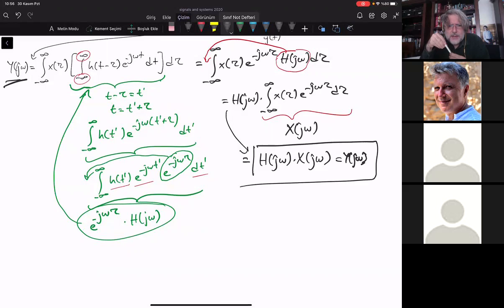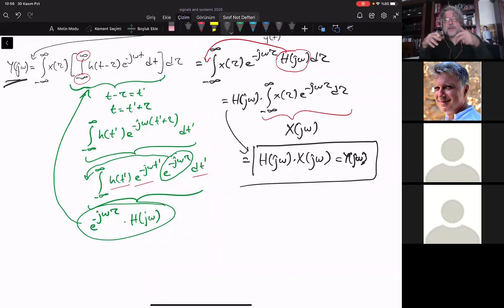H of j omega, is it the frequency response? Doğukan asks. Yes, of course, that is called the frequency response of the filter H. But I have shown it from the perspective of an input signal and a system with an impulse response h of t, because that's where we require convolution.